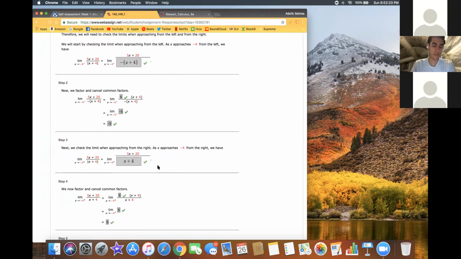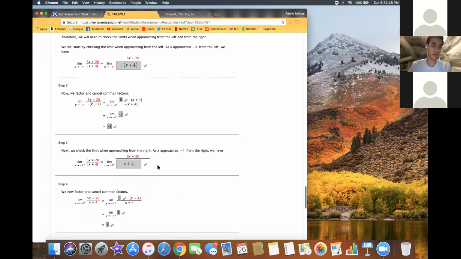It's approaching from both sides, right? From the left, it's negative x plus 4. From the right, it's just x plus 4 as it's written. So you're looking at the limit from the right side and from the left side, and in that way you're graphing towards, hopefully, a limit.